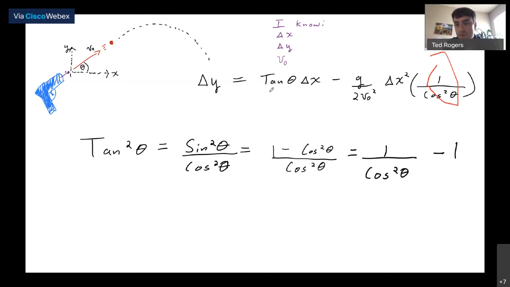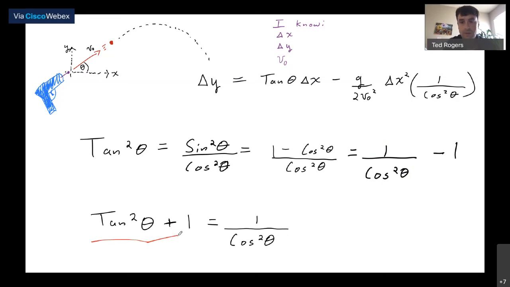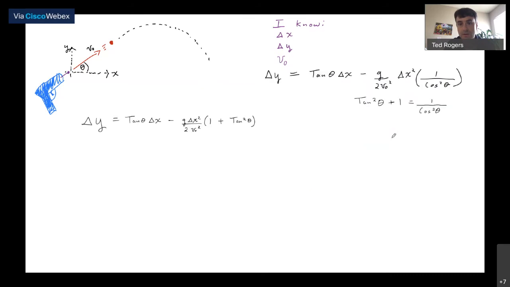And so if I'd like to have this equation just involving one trigonometric function, I can replace this 1 over cosine squared theta with 1 plus tangent squared theta. Okay, let me go ahead and do that. I'm going to do this substitution, 1 over cosine squared theta, into that equation.